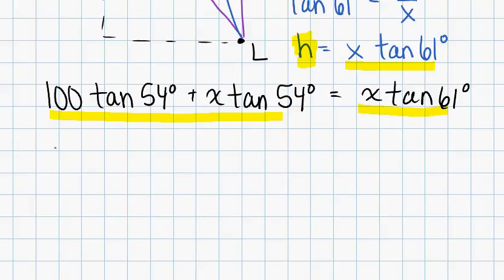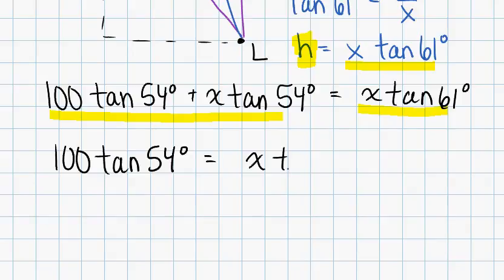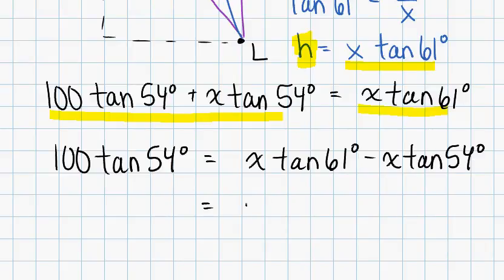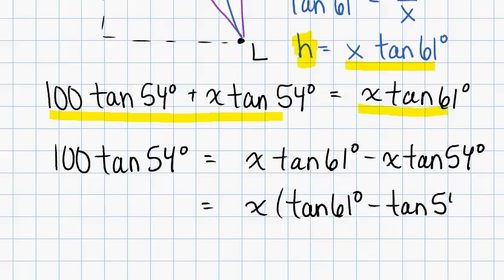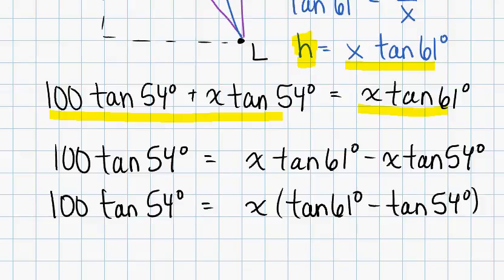Then you get that 100 tangent 54 equals x tangent 61 minus x tangent 54. You can factor out an x. And those are all just numbers, so you can divide.